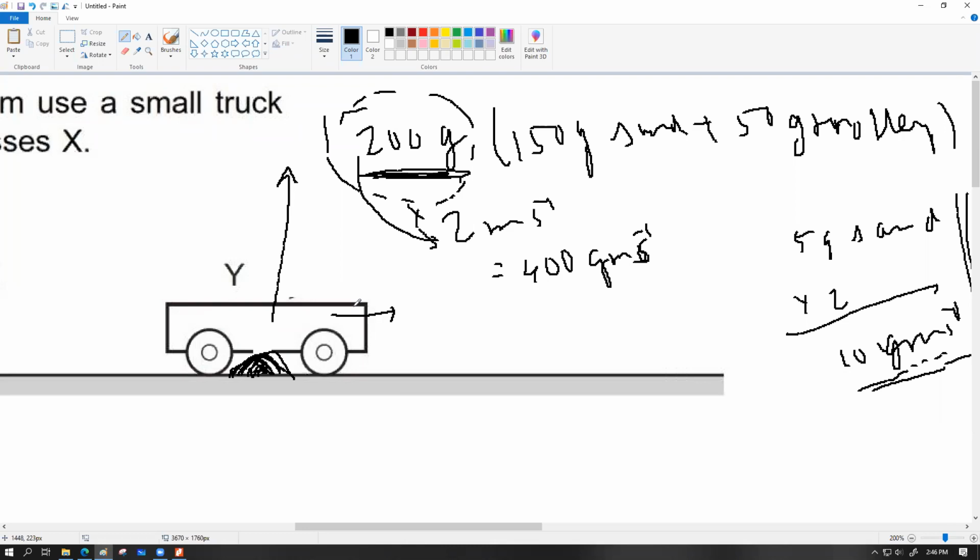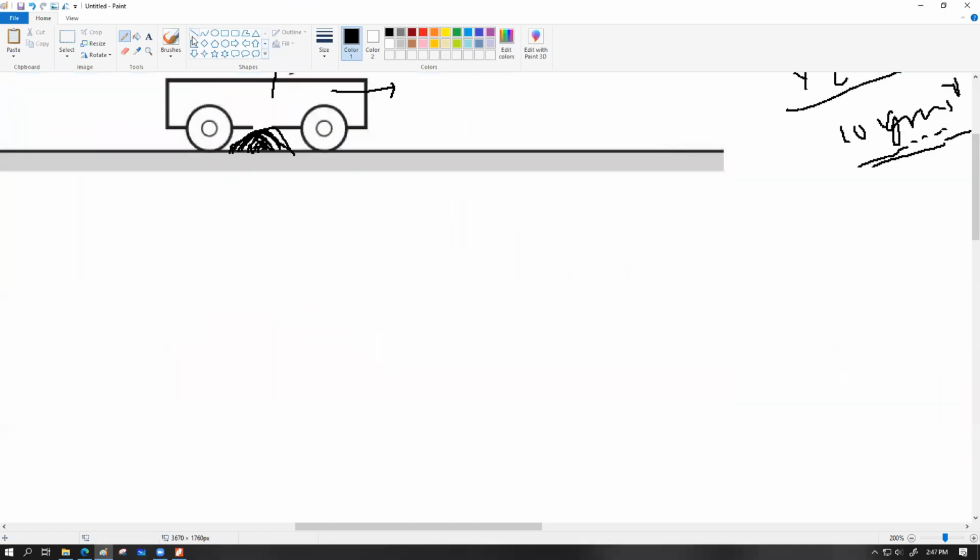Let's just assume that it's on glacier ice. Let's assume an ice slope, a very light slope, and there are ice skaters moving by.